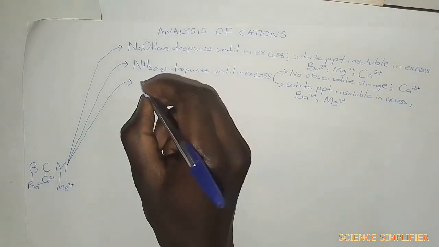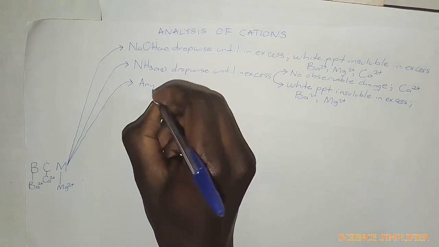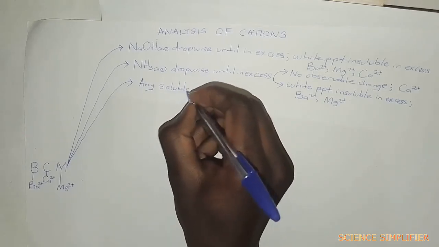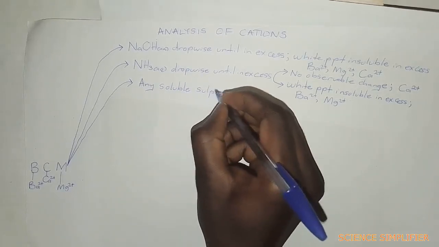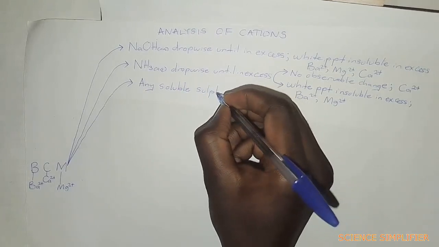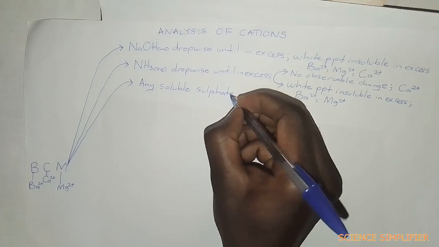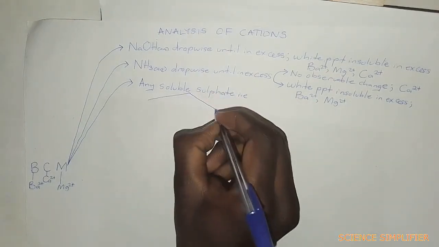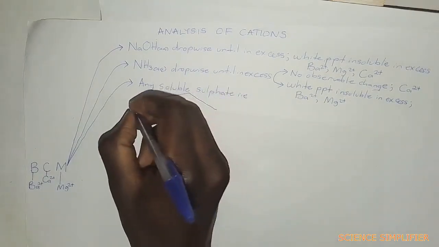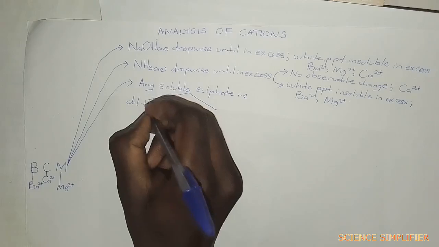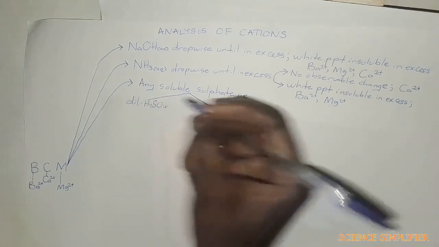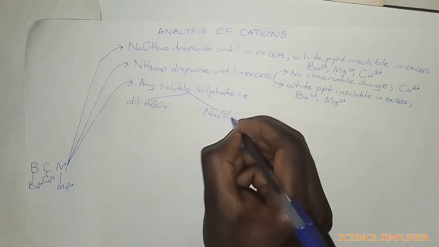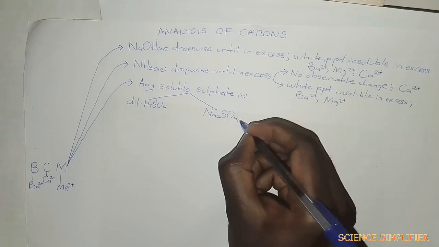Now we can also add any soluble sulfate, i.e., we can add dilute sulfuric acid, or we can add sodium sulfate solution.